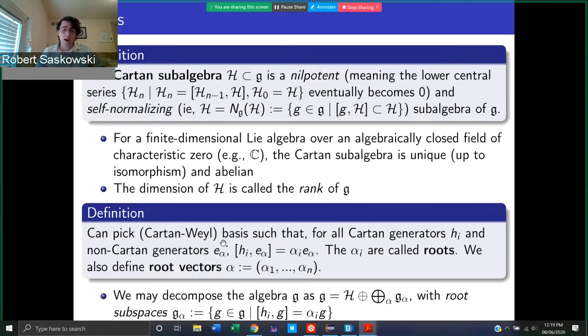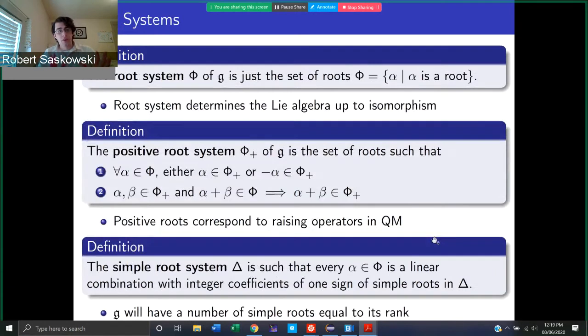Now, once we have the roots, we can decompose the algebra as a direct sum of the Cartan subalgebra with all of the root subspaces, where the root subspaces are essentially just eigenspaces. Now, the roots can be assembled together into a root system, which is just a fancy term for the set of all roots. And the root system determines the Lie algebra up to isomorphism.